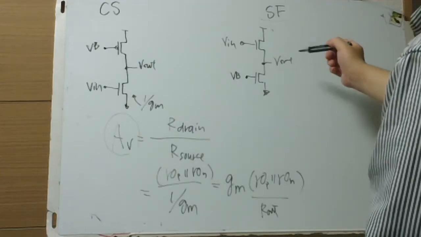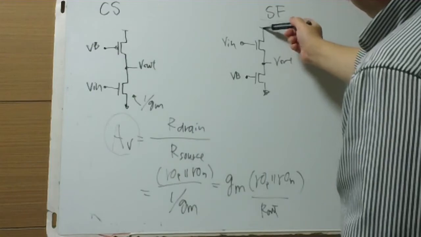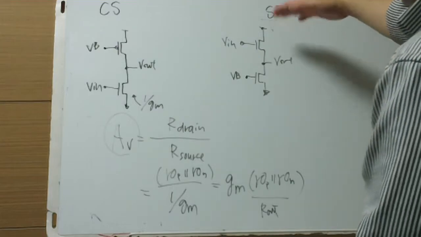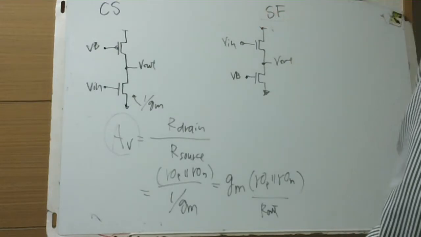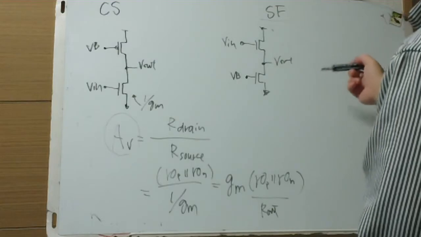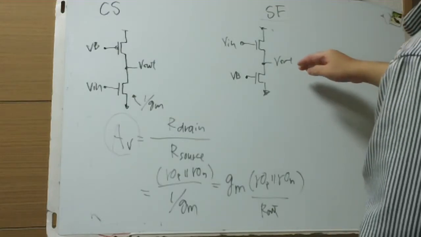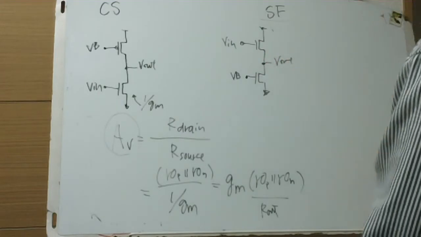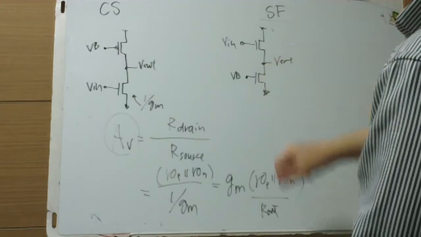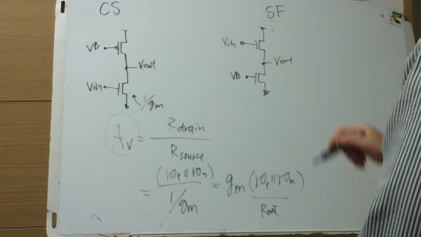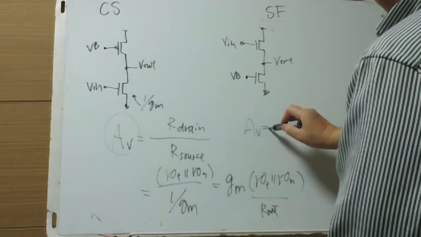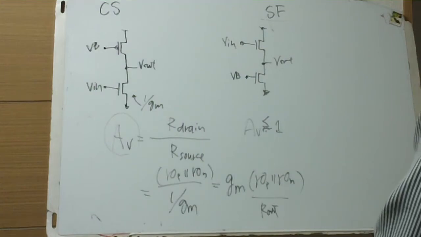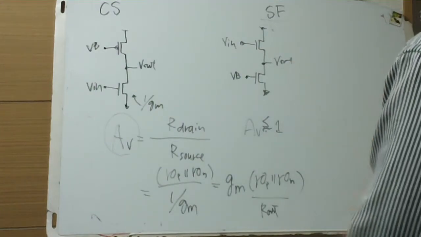Usually this is VDD, connected to AC ground, and we can't move it around. Vout gives the amplified signal, but the gain is nearly equal to 1 or less. Usually this is used as a buffer amp.